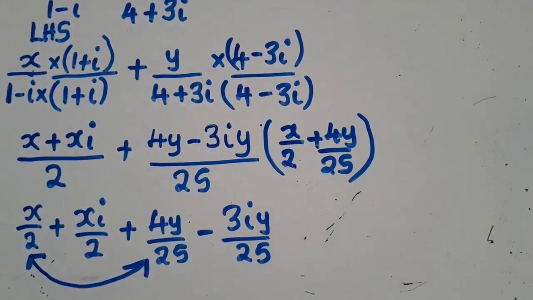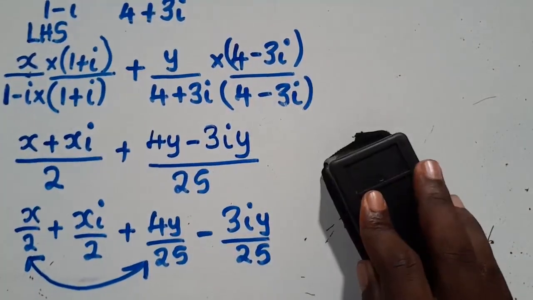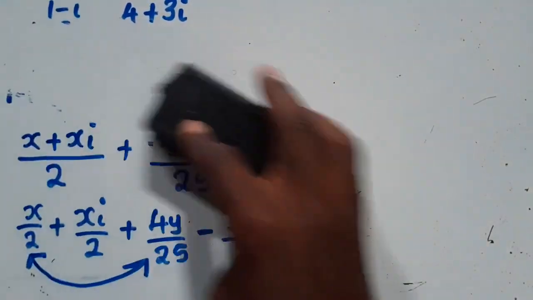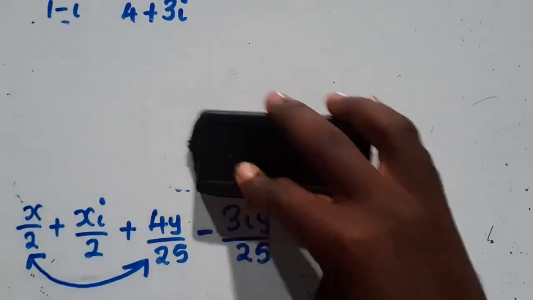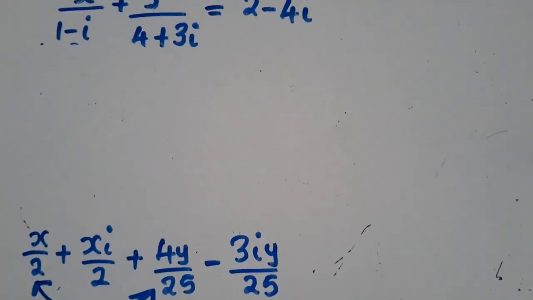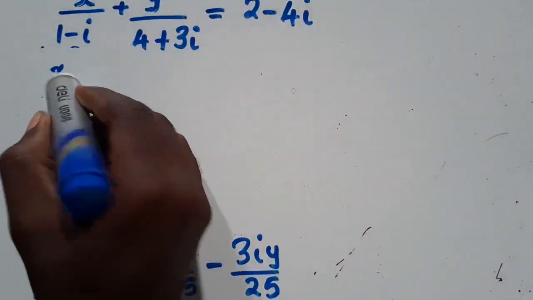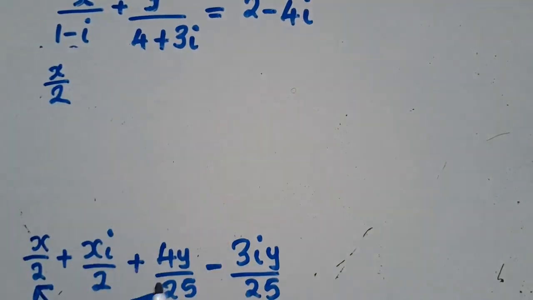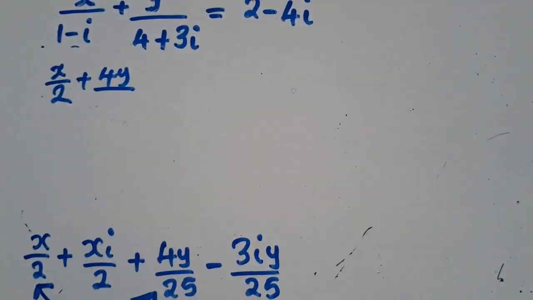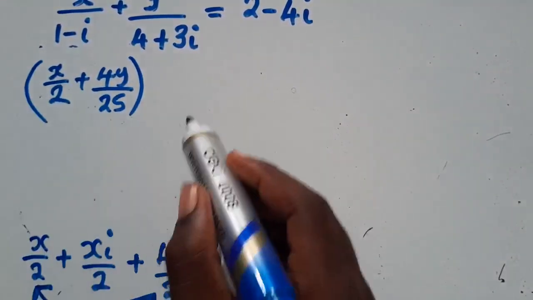So let me write it here properly so that I don't confuse you. Due to space, let me write it here so that you are able to see. I say x over 2 plus 4y over 25. This is the real part.